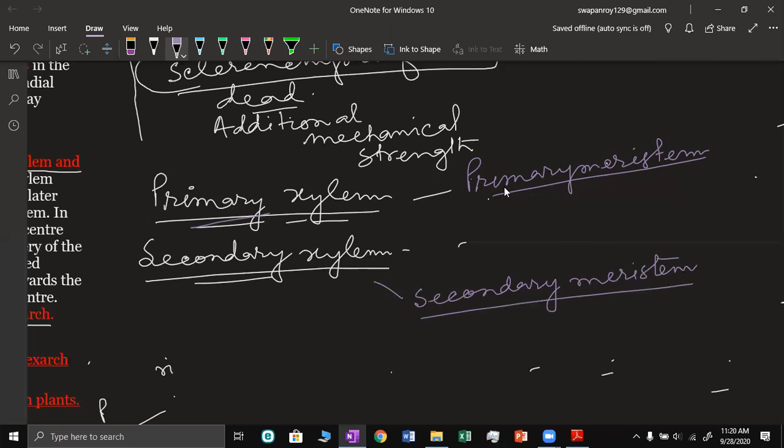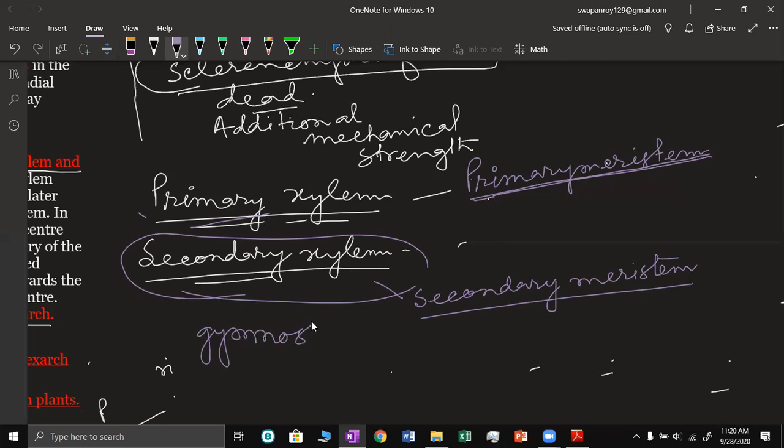Okay, so primary is in the earliest stage of development when the primary body is formed. Secondary xylem is produced only in gymnosperms and in dicotyledonous plants.